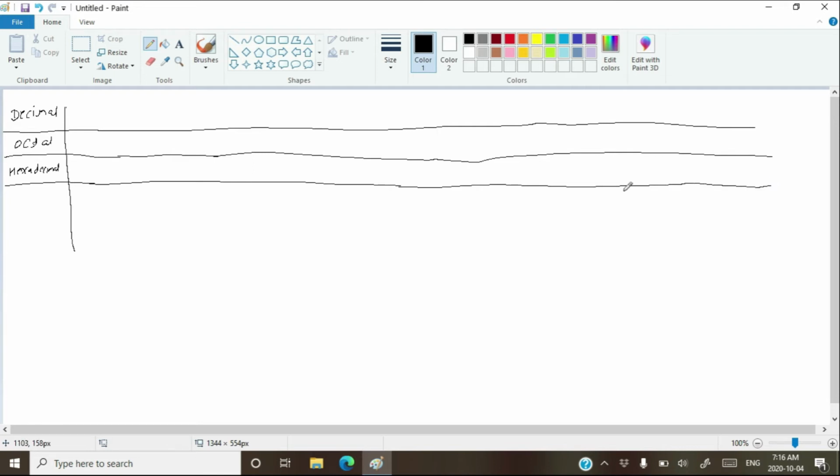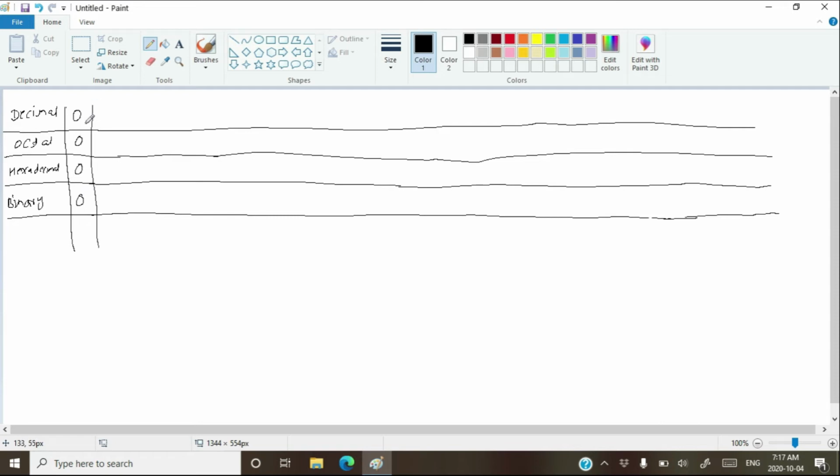Then we have the binary number system, and in this row we will be counting in binary. So let's start our counting with 0. In decimal 0 is 0, in octal it is 0, in hexadecimal it is 0, in binary it is 0. After 0, here it comes 1, and 1 is 1 in all the number systems.